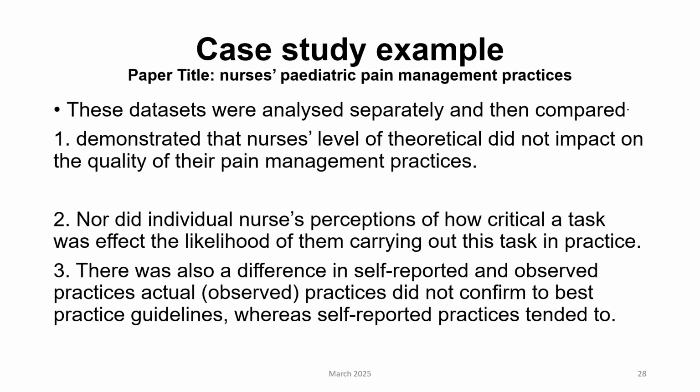For example, there was a difference in self-reported and observed practices. Actual or observed practices did not conform to best practice guidelines, whereas self-reported practices tended to conform to best practice guidelines.